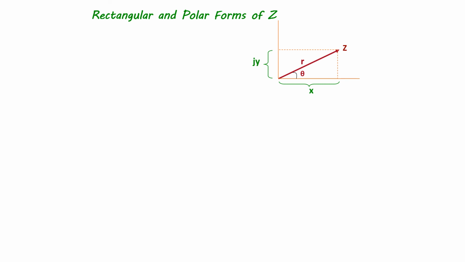We can also call the horizontal and vertical axis as the real and imaginary axis. From the figure, we can write Z in two forms. One is the rectangular form, where we can write Z as X plus JY. In the polar form, it can be written as R with angle theta.